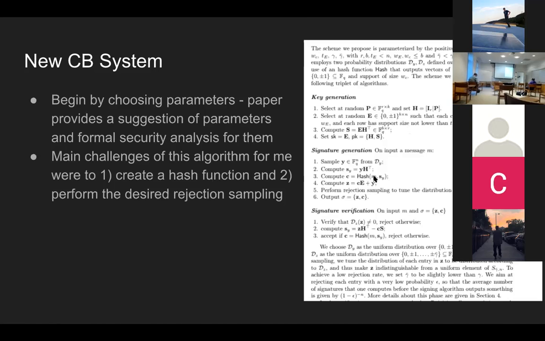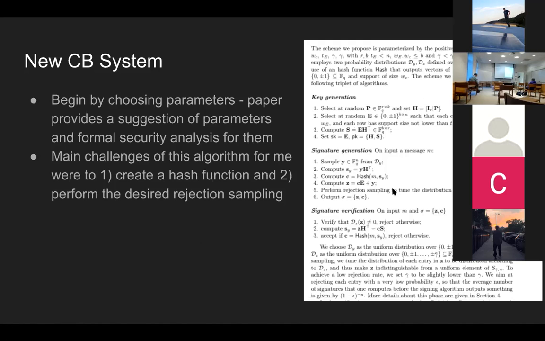For the signature generation, we're just sampling a random Y from this very specific uniform distribution that's specified by the parameter gamma that we give it. We hash it using a very specific hashing function that took me a while. This was one of the bigger challenges of implementing the algorithm.